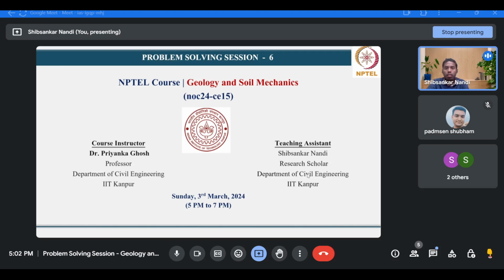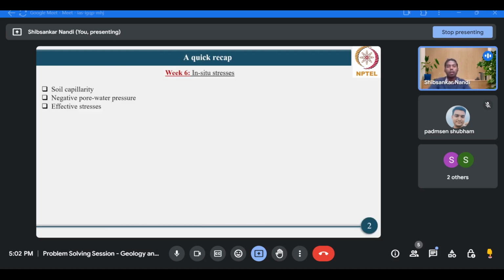As I was mentioning, currently we are at the end of this week 6, and we have learned another important aspect, that is in situ stresses. In this session, we'll mostly solve a few numerical problems regarding soil capillarity, negative pore water pressure, and effective stresses.